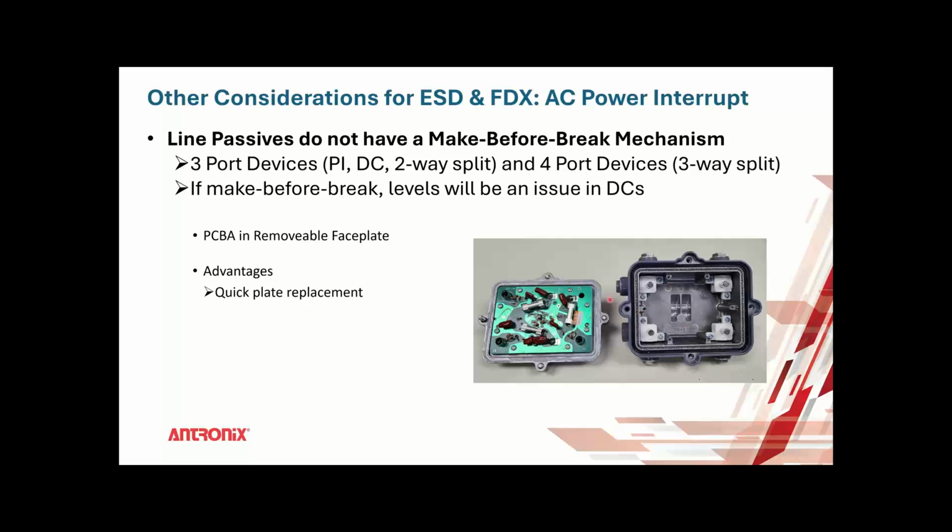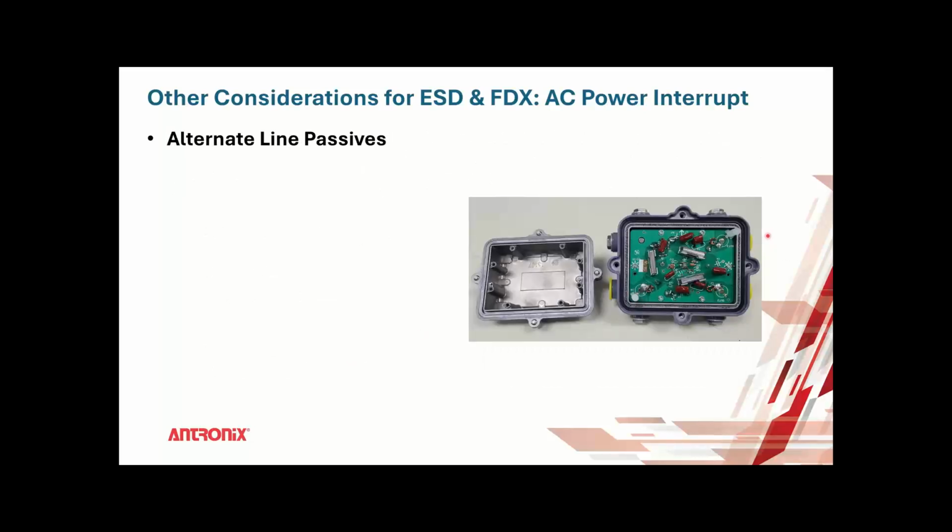So this has a removable faceplate. The advantage is a quick faceplate replacement if I need to remove the faceplate. The disadvantage is that when I pull the faceplate, there's AC interruption, and it could reboot the RPD node. There's an alternate line passive where you have the printed circuit board in the housing.